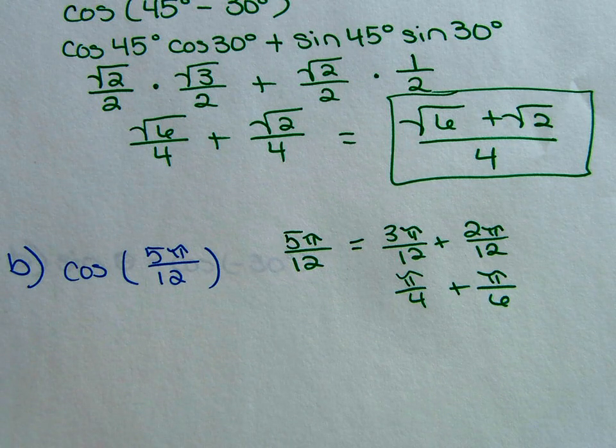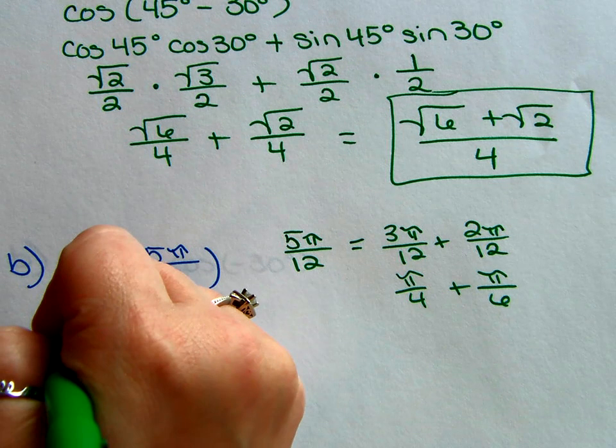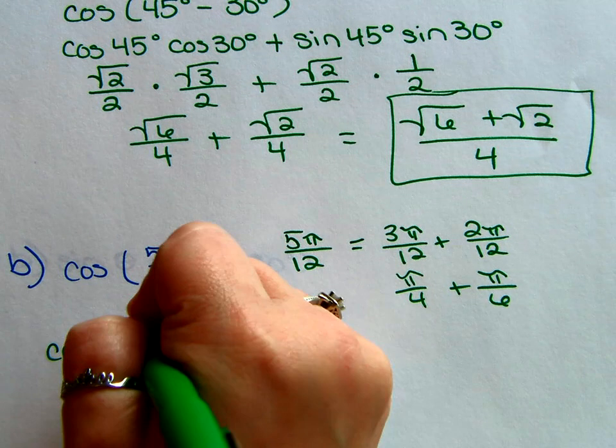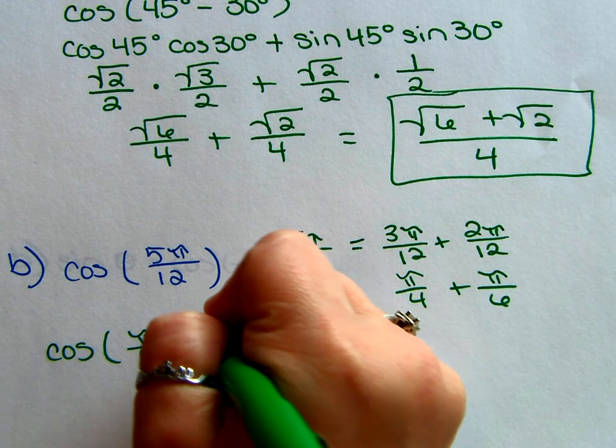I bet you on our unit circle we have pi over 4s and pi over 6s. So that's always what I'm going to try and get to, is something that lays on the unit circle, because then I can reference my unit circle for my exact values for these cosines and sines and tangents as we move through this. So I could rewrite cosine of 5 pi over 12 as cosine of pi over 4 plus pi over 6.